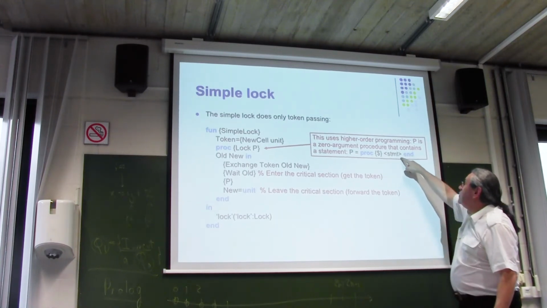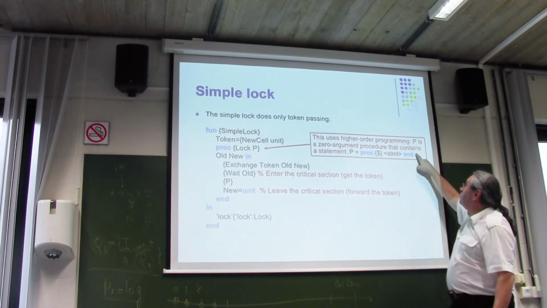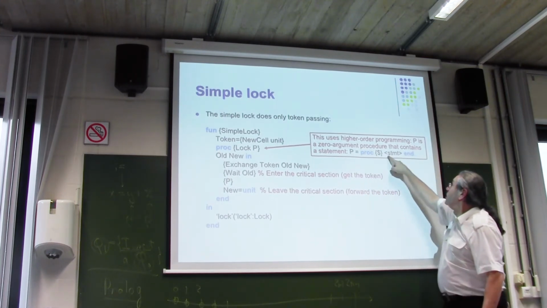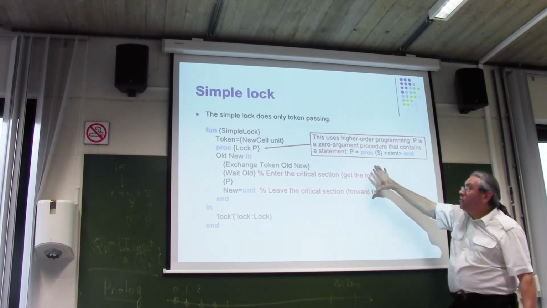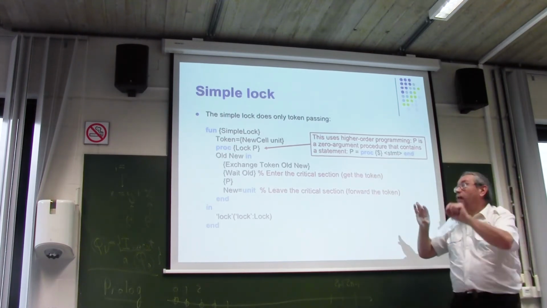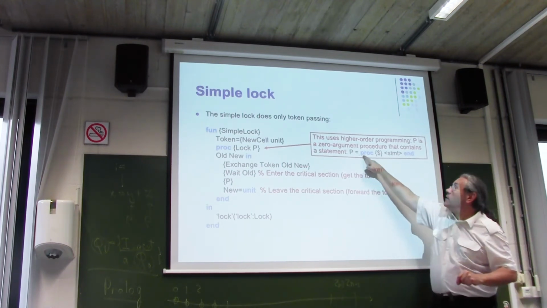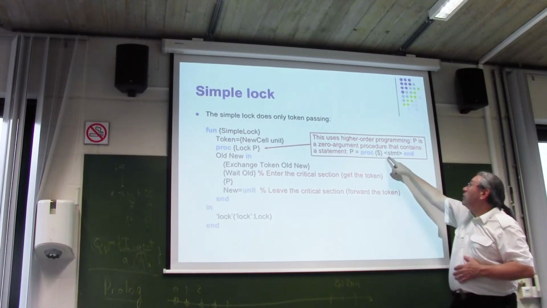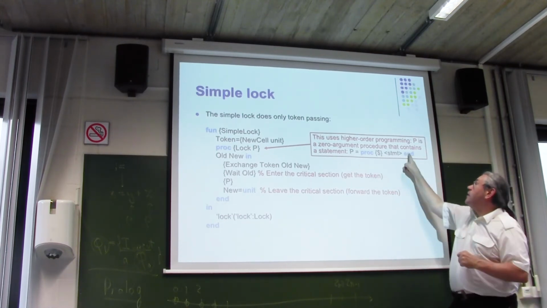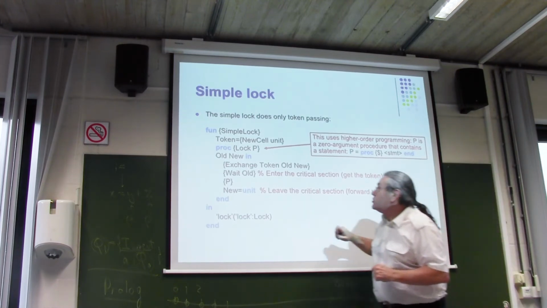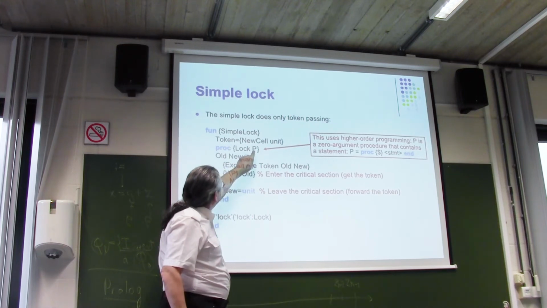So the P argument is actually a 0 argument procedure that represents any statement. And in the real system, the lock L syntax is just syntactic sugar for this. So in any language that has a lock, the statement is actually a higher order thing, a 0 argument procedure. So the actual lock is here, and the statement is P.